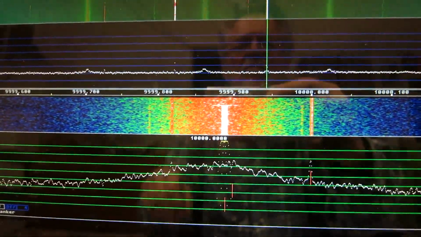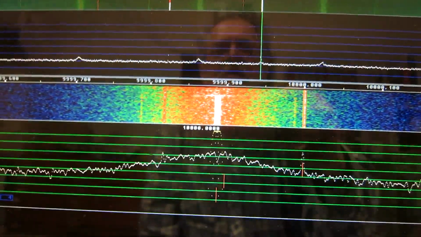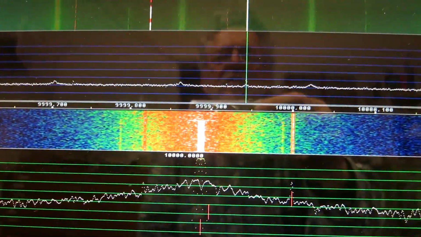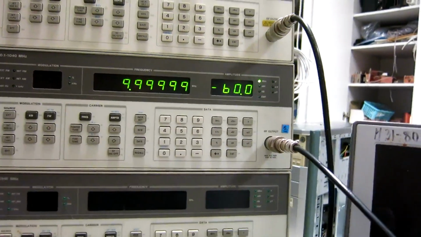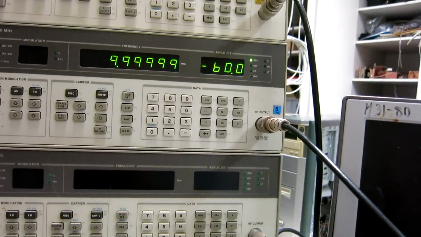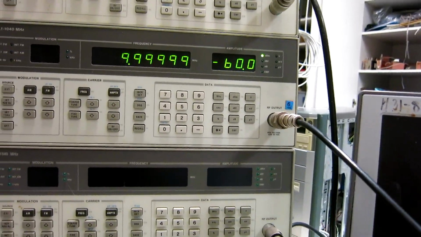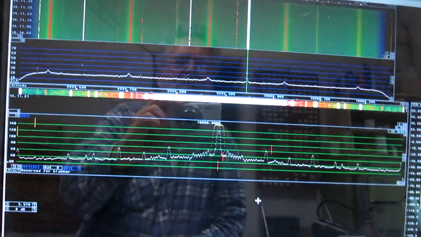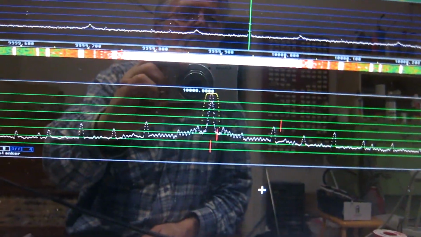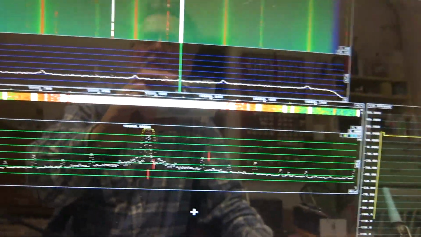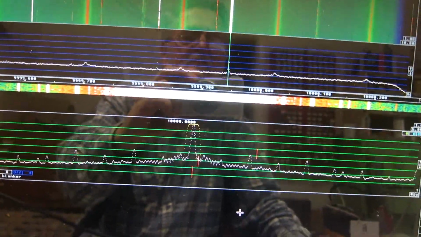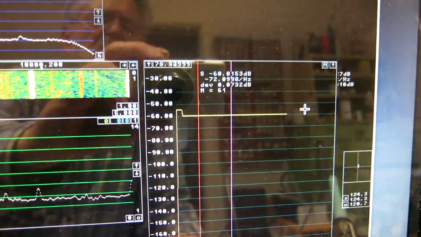I have turned off the Ventzel oscillator, and as you can see, it disappears from the spectrum completely. I have connected this signal generator to the low noise amplifier, and this is what I see, and I will calibrate the S meter to show minus 60 dBm, like this.